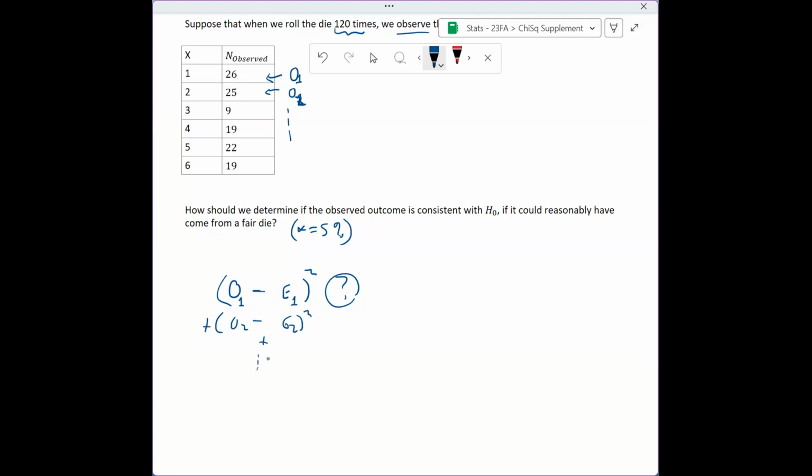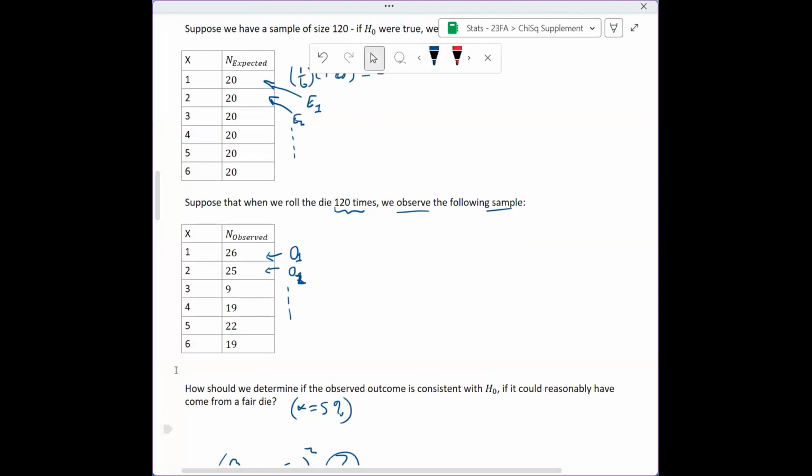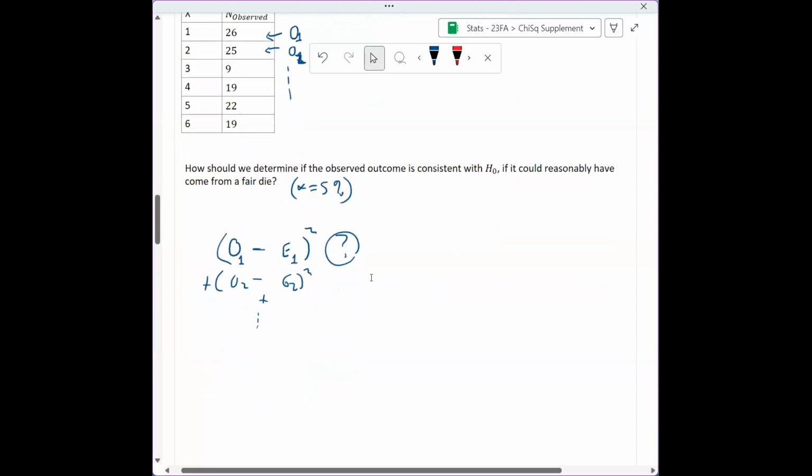If I get the sum of the squared deviations, then the larger that is, the further away my observed data is from what I would expect of the data from the expected distribution, and the more confident I am that I should reject the null in favor of the alternative. So this is kind of the goal.